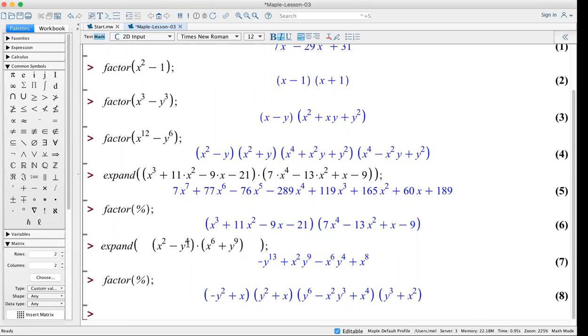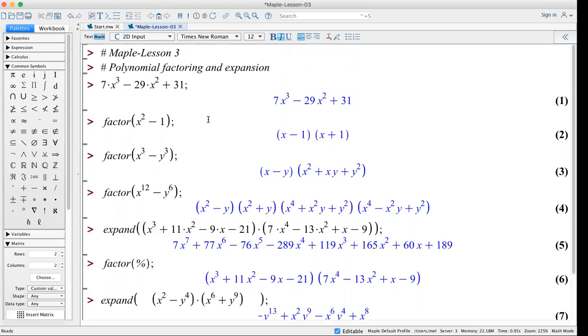So these two polynomials here, each of these could have been factored. So x squared minus y to the fourth is x squared plus y and x squared minus y, or x minus y squared and x plus y squared. These two factors, if you multiply them, would give you this.